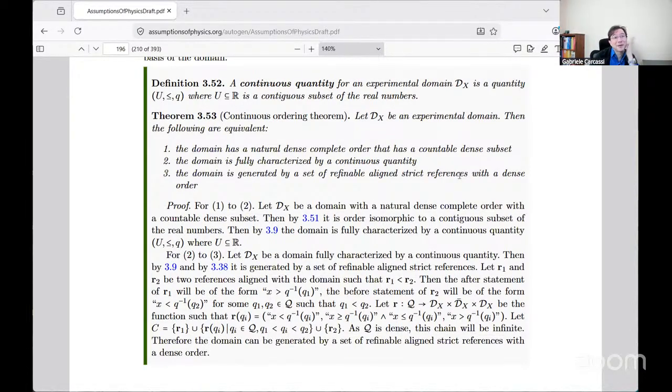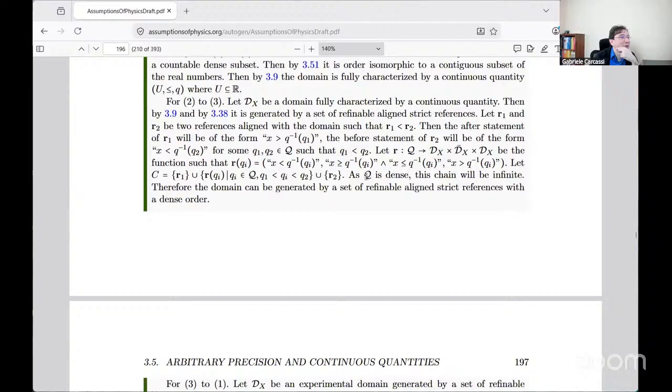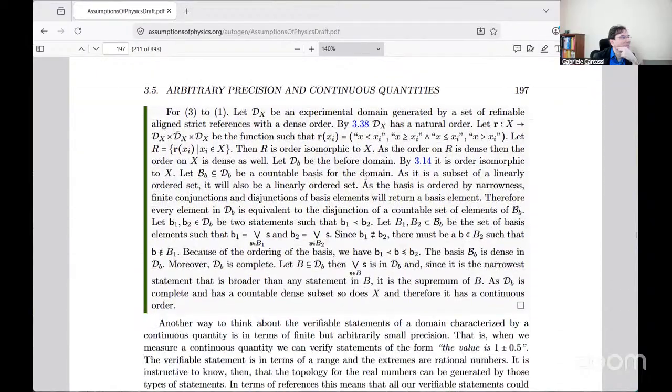Right? So that's basically the requirement, which again makes sense from what we assume in practice. We can always refine and make our experiment better and more precise.